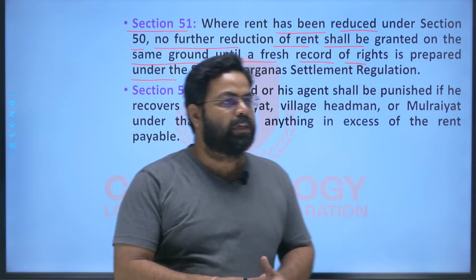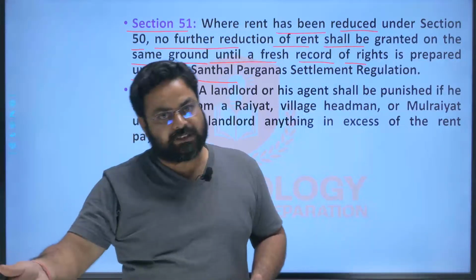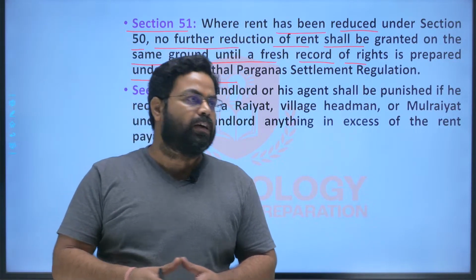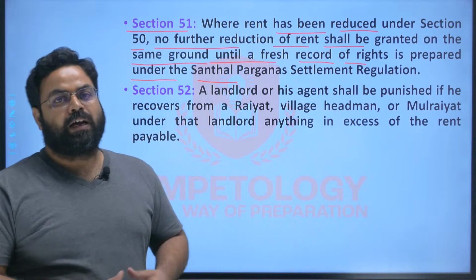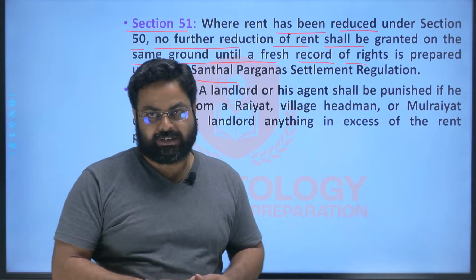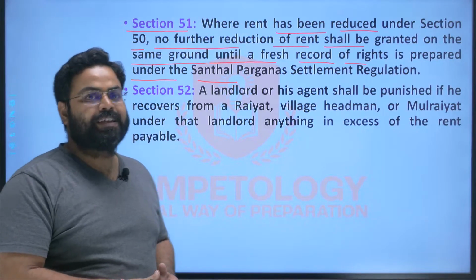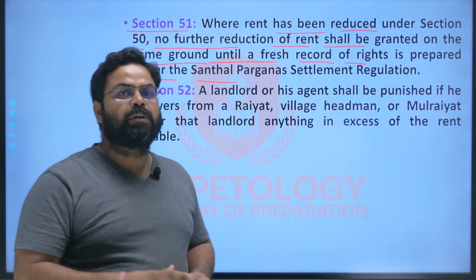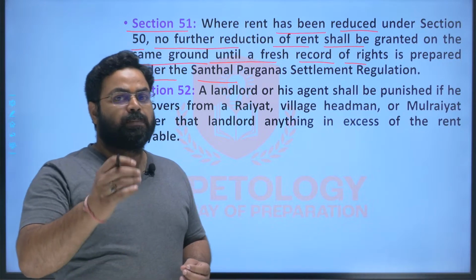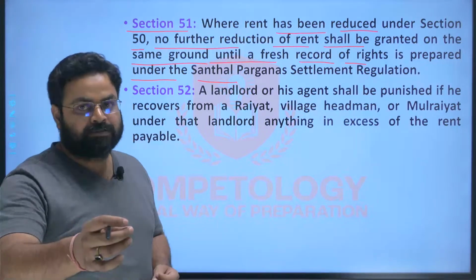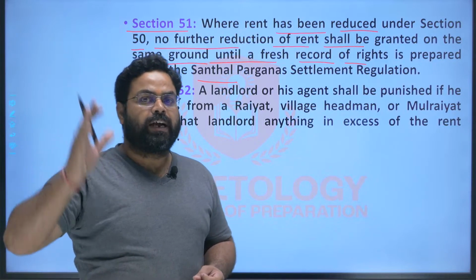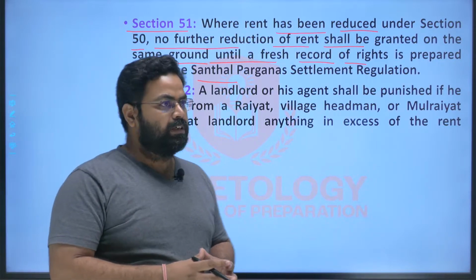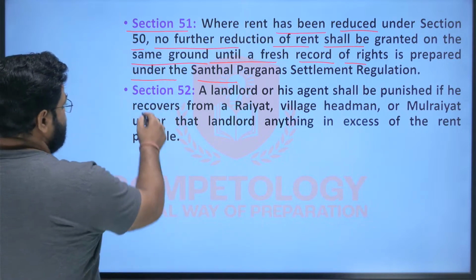If the next year faces the same kind of calamity, the same kind of flood-like situation, then the rayats cannot go to the DC and ask to reduce the rent again because the flood has occurred again. On the same ground the rent cannot be reduced until the new record of rights has been compiled and the new settlement rent has been revised. So this will be the case.